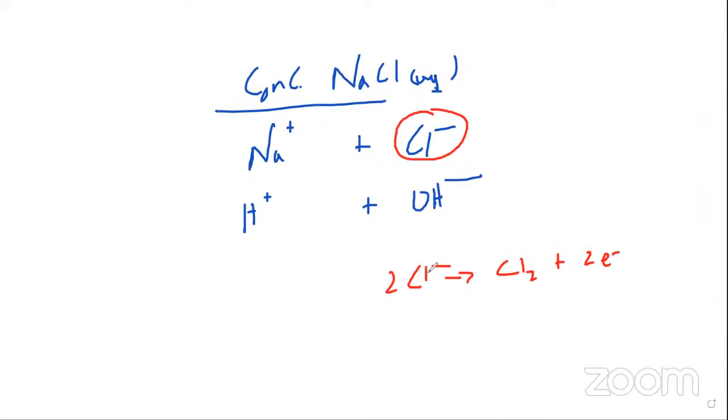But when you come over to the cation side, if you follow the same rule, then you should expect the sodium to be discharged. But that doesn't happen. The hydrogen ions are discharged.